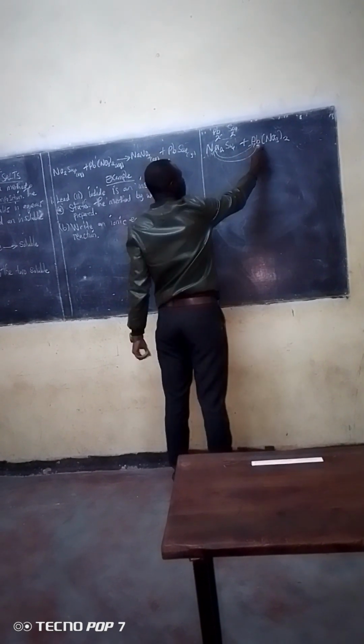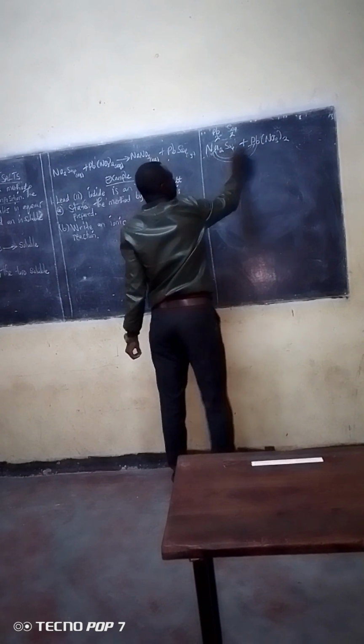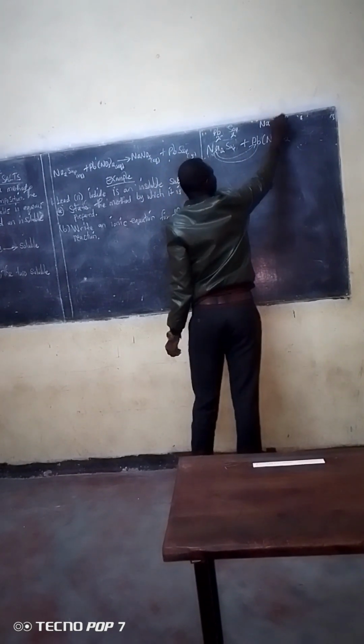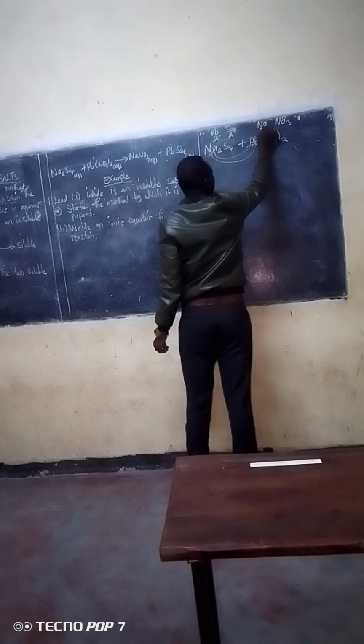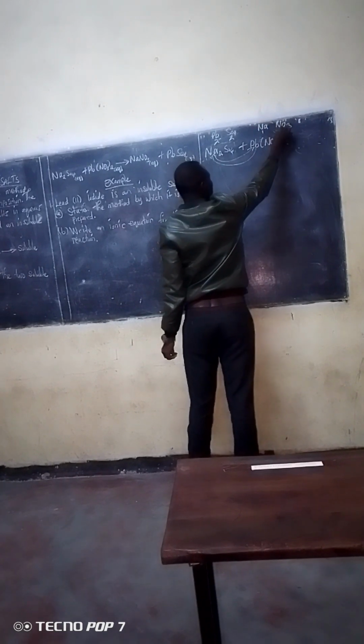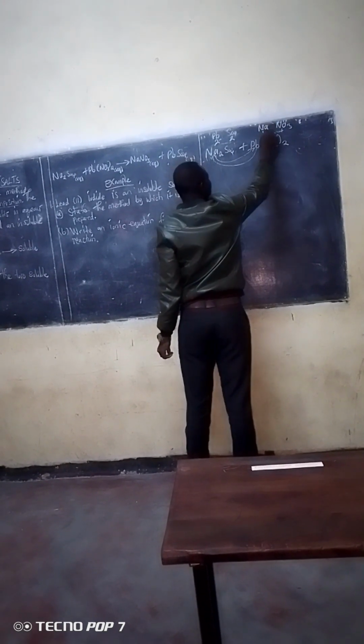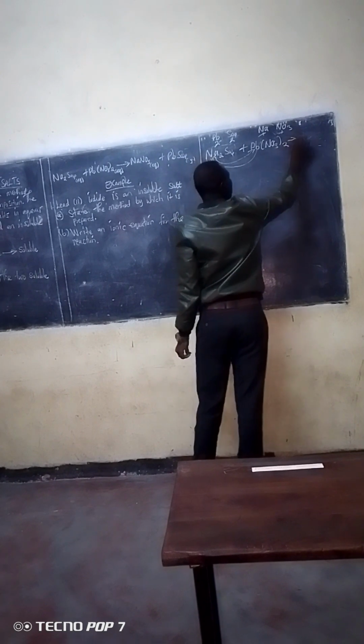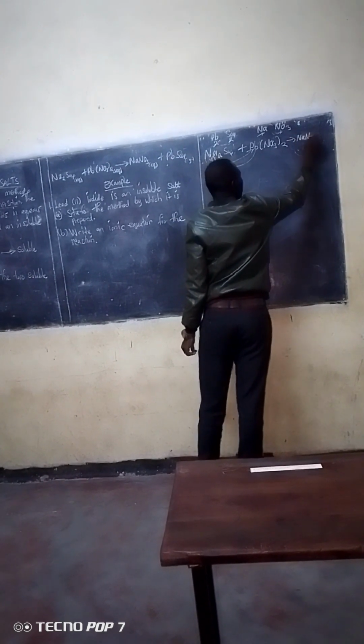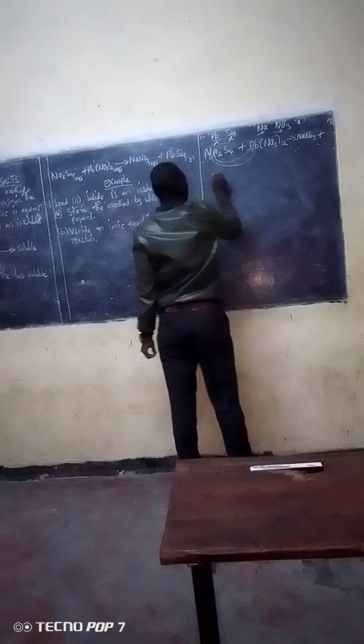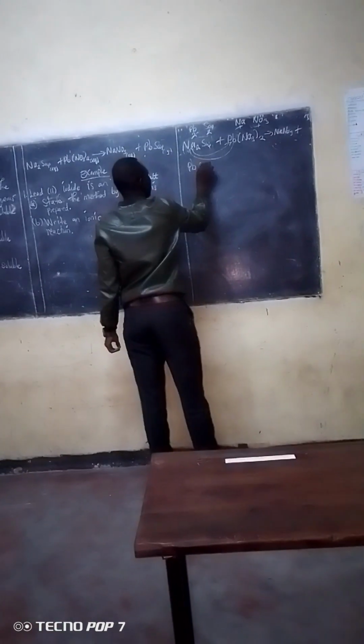When we come to sodium nitrate, the valence of sodium is 1 and of nitrate is 1. Since the valences are the same, you cancel. Then you have sodium nitrate plus lead(II) sulfate.